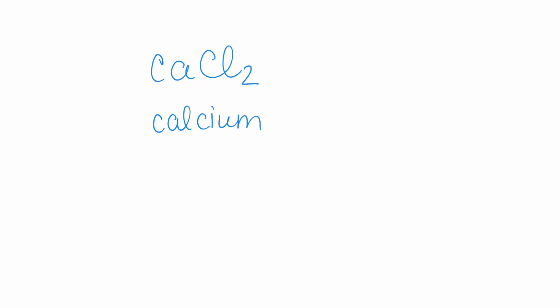Let's try one more. What if I ask you about this? CaCl2. What does Ca stand for? Calcium. Actually, you know what? Before we even do that, you know what habit we just forgot to talk about? You need to ask yourself if this is ionic, because these rules only apply to ionic. And you're like, okay, I do have a metal here and a non-metal.